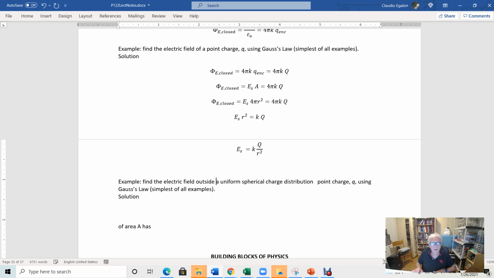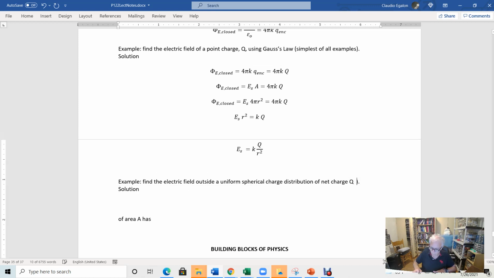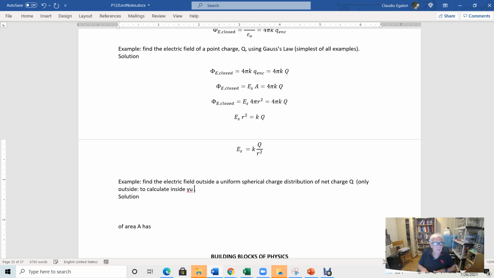Outside a uniform spherical charge distribution of net charge Q. Here too it should be net charge big Q, right? Only outside to calculate. To calculate inside, you need calculus.